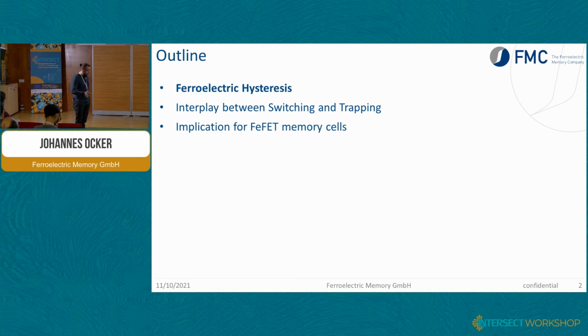By applying a special sequence of electrical signals, you can detrap them faster and also tailor that for every individual cell, because there's also some variability in these FeFET cells, as Sven said before.